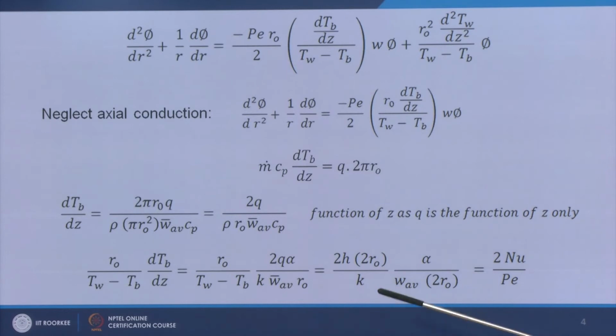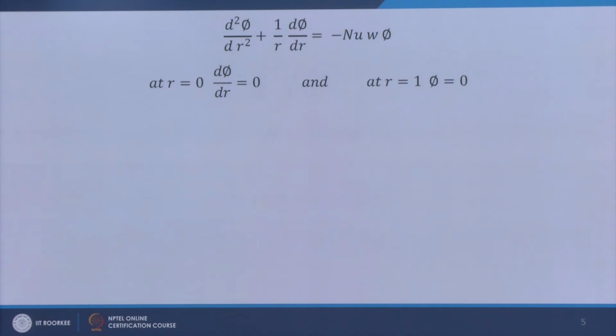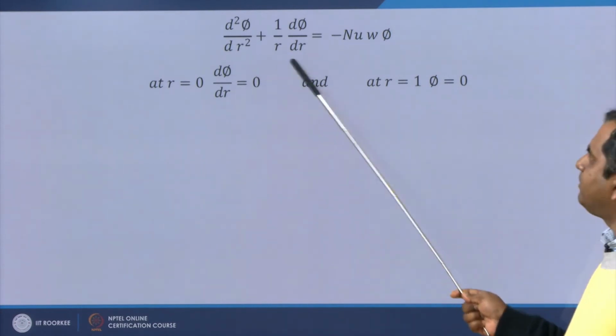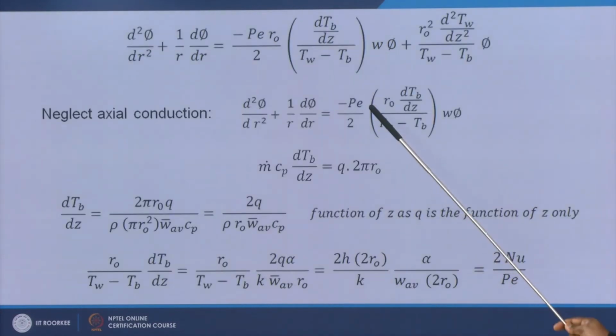So we can write this whole term as 2 Nusselt number by Peclet number, where the 2 comes from here. Earlier there was Peclet number by 2 and now you get 2 Nusselt number by Peclet number, so the Peclet number gets cancelled out.